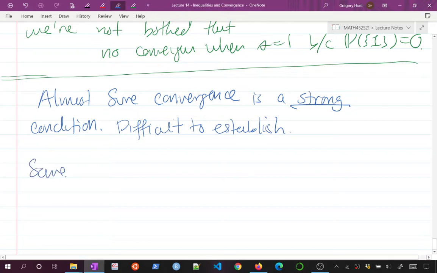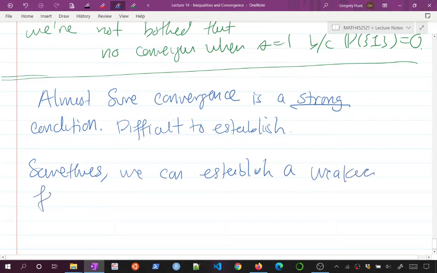Sometimes we can't establish that a sequence converges almost surely, but we can establish a weaker form of convergence.